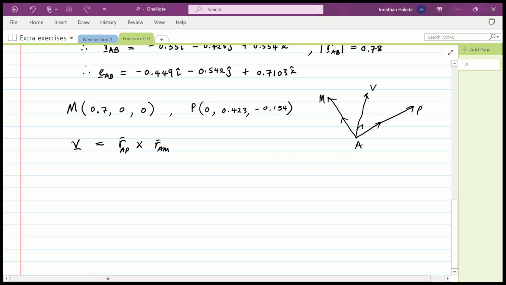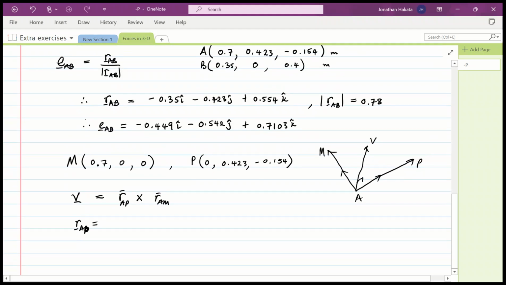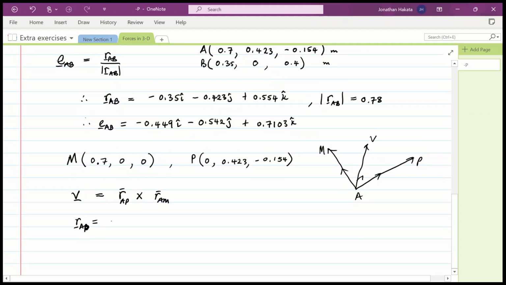So let's find these position vectors first. RAP, from A to P, we say coordinates of P minus those of A. So 0 minus 0.7, you have minus 0.7i, and then 0.423 minus 0.423 is 0j, and 0k, because those are identical.